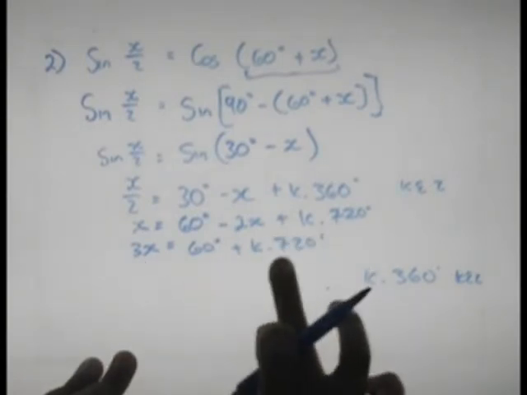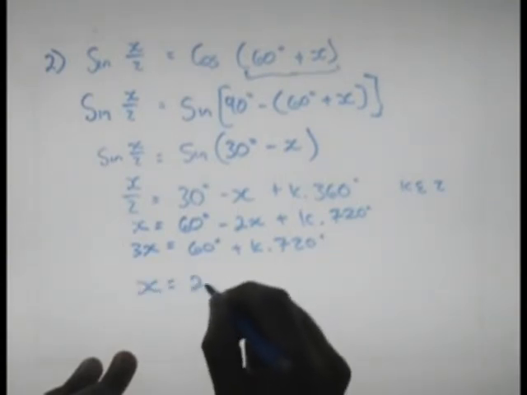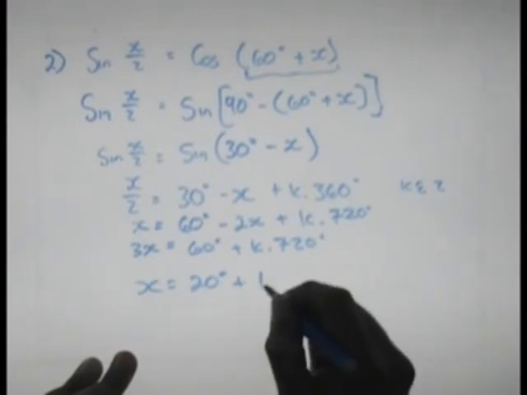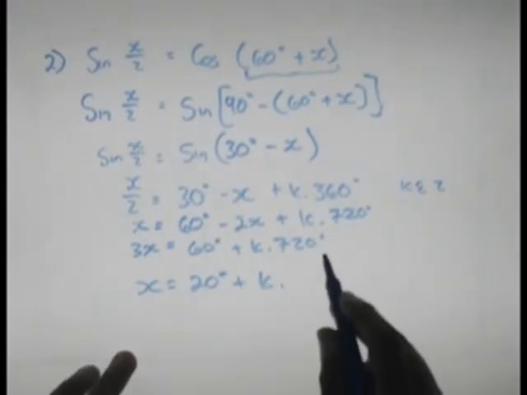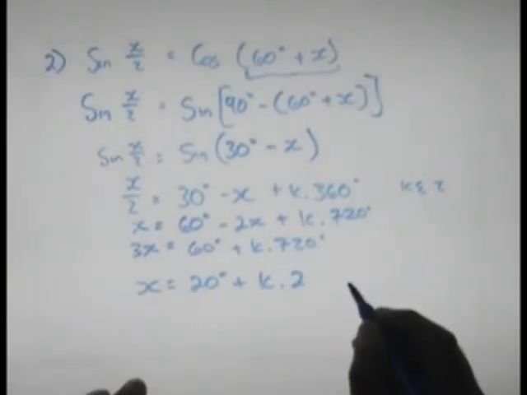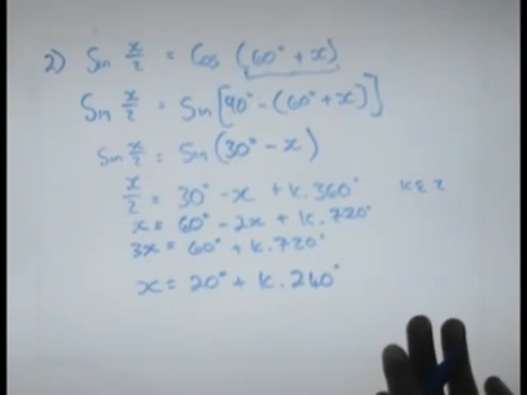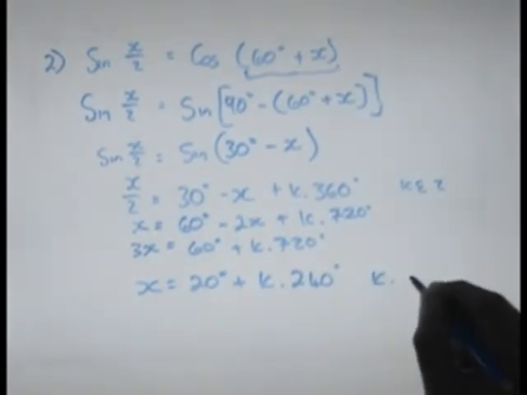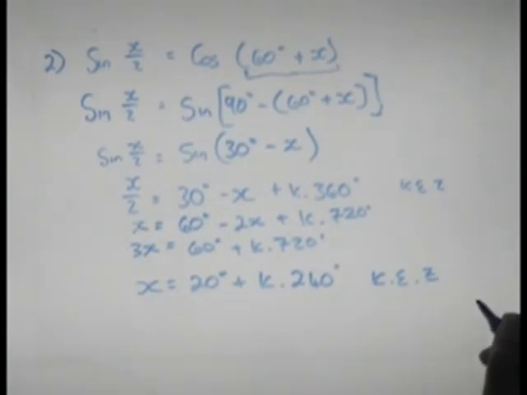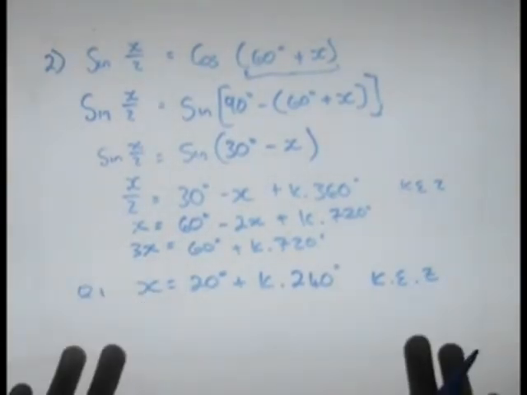Let's just take this off for now. That means that x is equal to 20 degrees plus k times 720 divided by 3 is equal to 240 degrees, where k is an element of integers. That's the one possible solution. That's for quadrant 1.